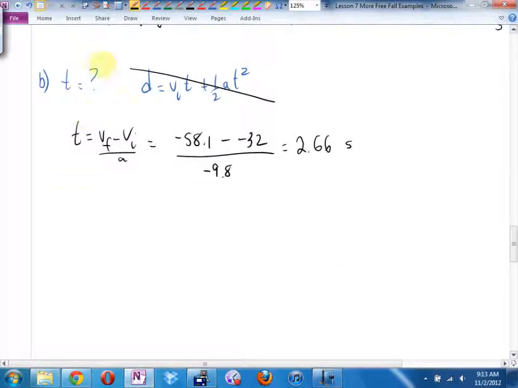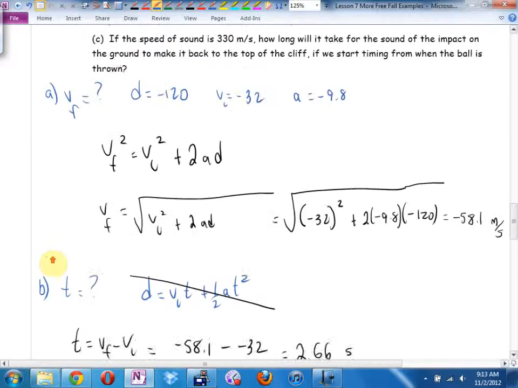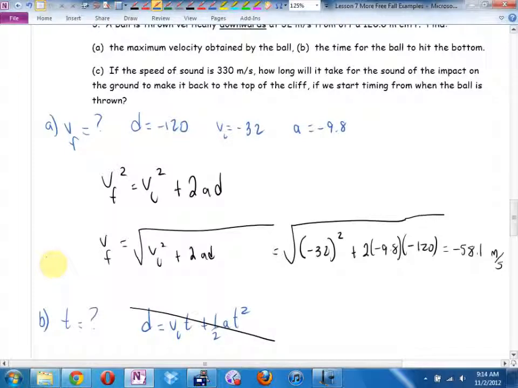C. If the speed of sound is 330 meters per second, how long will it take for the sound of the impact on the ground to make it back to the top of the cliff if we start timing from when the ball is thrown?